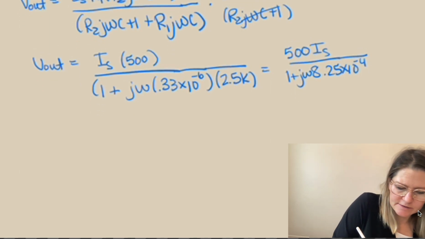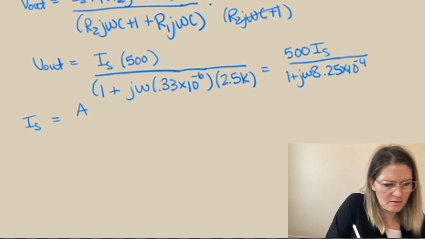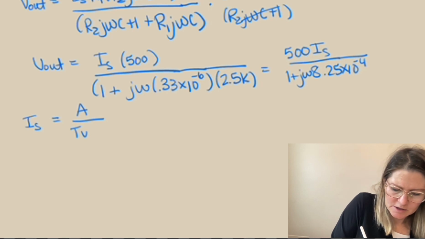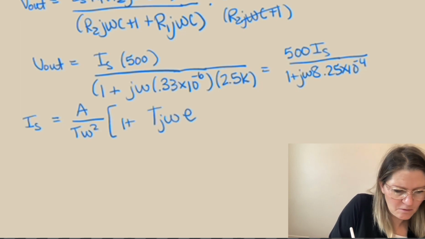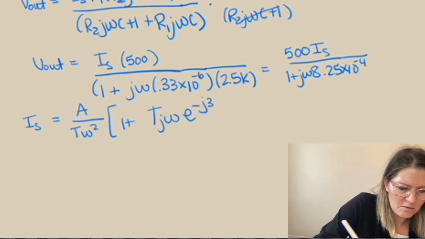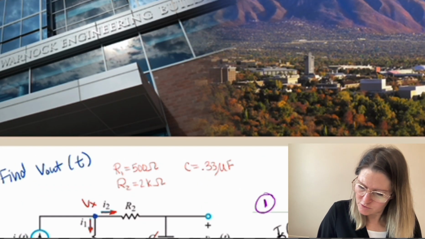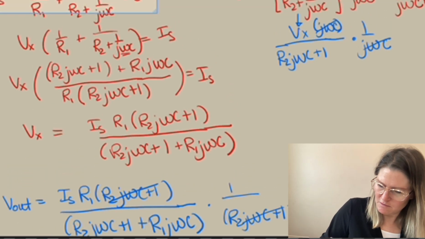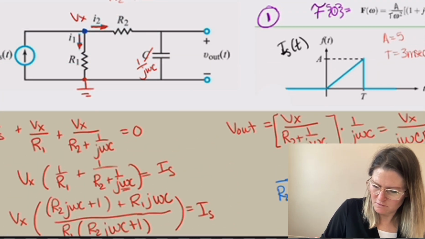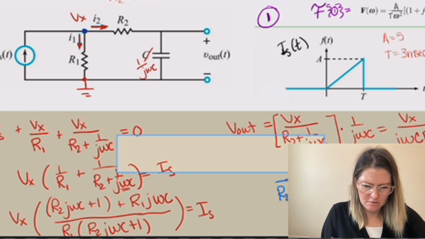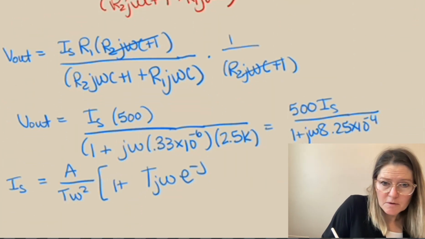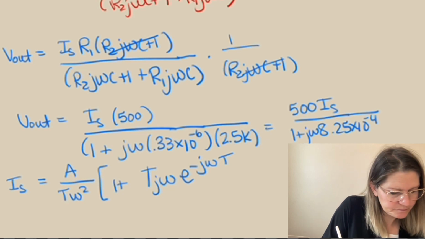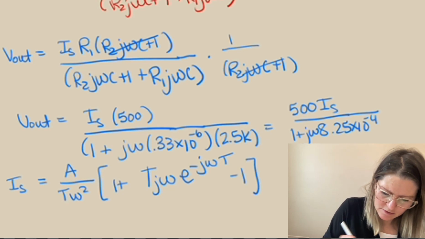And so Is is the A over t omega squared times 1 plus j omega t e to the minus j omega t minus 1.